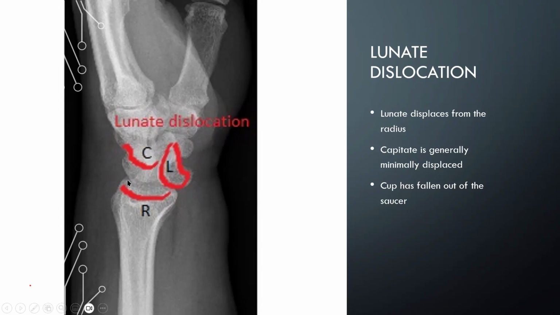So it very often requires surgery for the hand surgeon or the orthopedic surgeon to go in and physically move the lunate back into place and move the capitate into place as well as the rest of the wrist bones. And then, of course, with K-wires, and I'm not an orthopedic surgeon, so I'm guessing not with screws and things like that, but more likely with K-wires, try and keep everything in place.